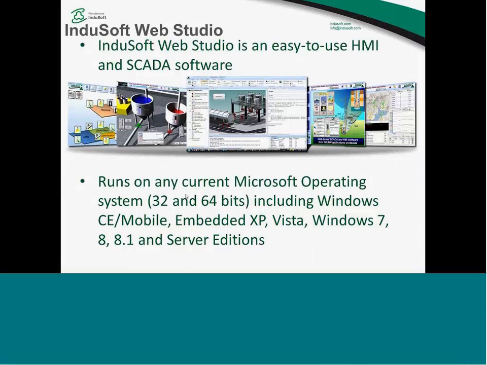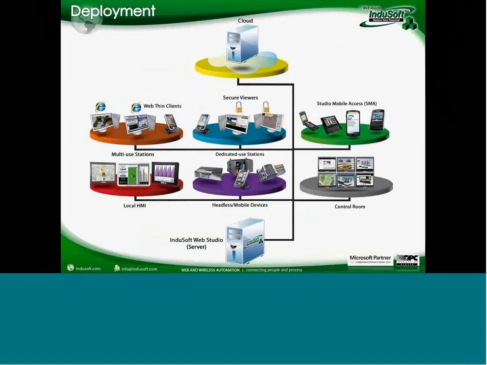Let's talk a little bit about the different deployments within the product. Very typically on a machine or some type of process, you might have a local HMI, which might be an industrialized panel computer running InduSoft Web Studio, or it could be a desktop or a laptop.